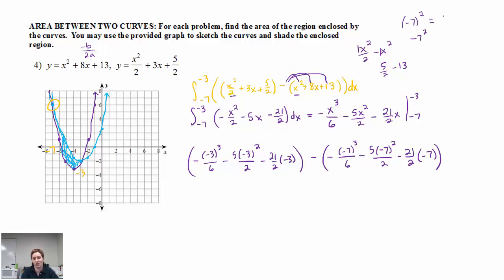When I square this whole thing, I multiply two negatives together and get 49. Whenever I square this, I'm only squaring the 7, which is 49, and then making it negative because there's a negative in front. If you work this out correctly, either by hand or in your calculator, you should get 16/3, which is approximately 5.3 repeating.